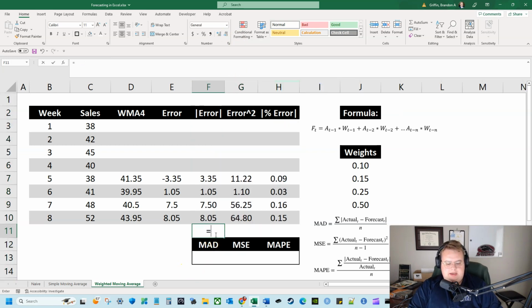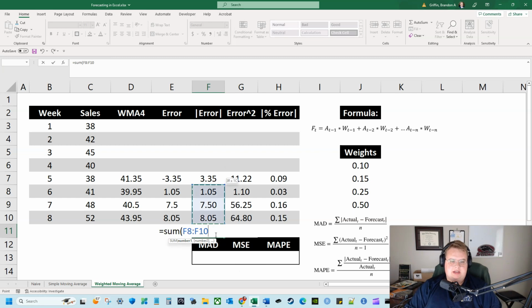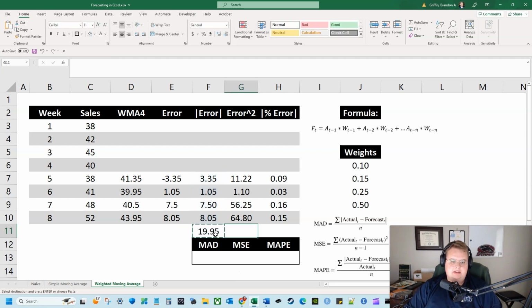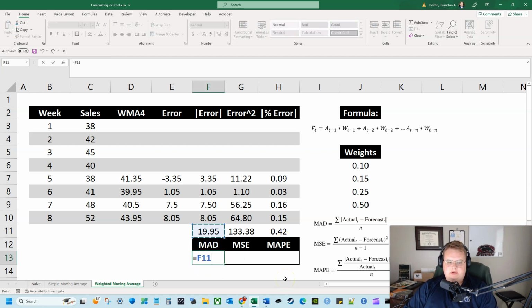All right, so now I can sum all of these up. So I can do the sum of my absolute errors, the sum of my squared errors, and the sum of the percentage of errors. So MAD is going to be this 19.95 divided by how many forecasts do we have? We have 4. Mean squared error is going to be this 133.38 divided by n minus 1. So 4 minus 1 is 3.